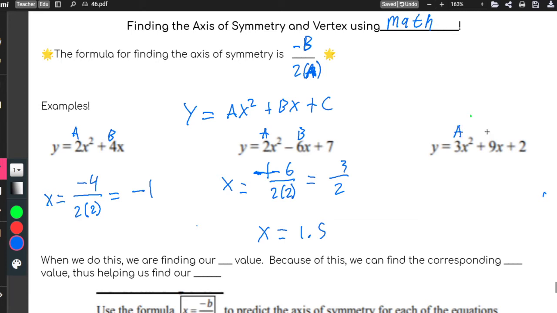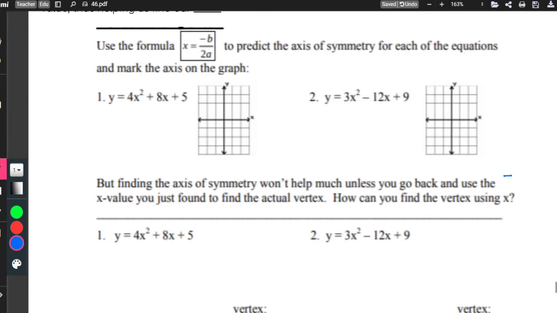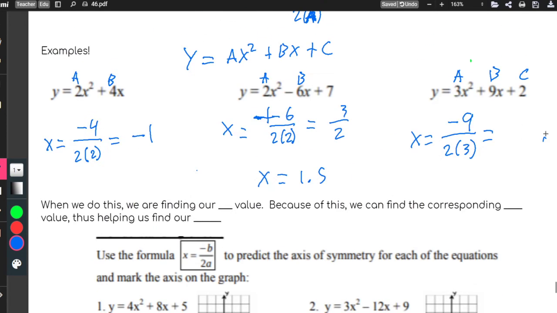Over here, our a is 3 and our b is 9. C is 2. We have negative 9 over 2 times 3 equals x. Negative 9 over 6, or negative 1.5, or it's also negative 3 halves.